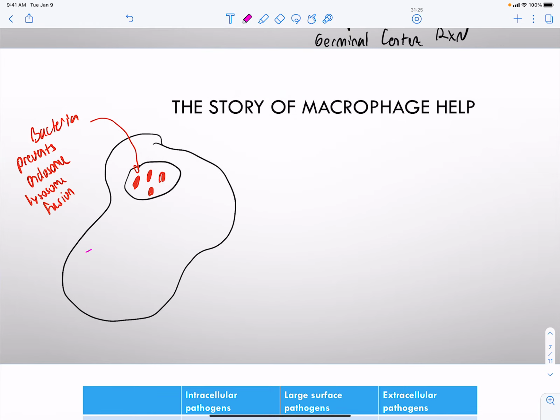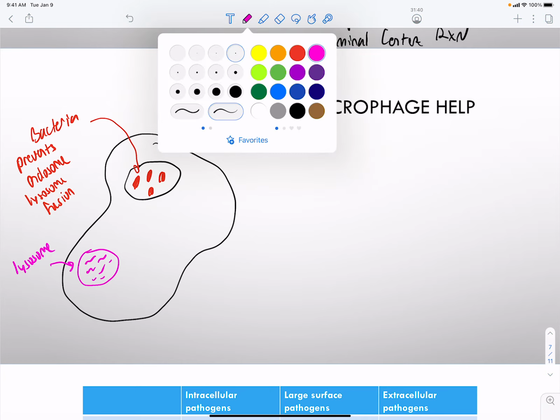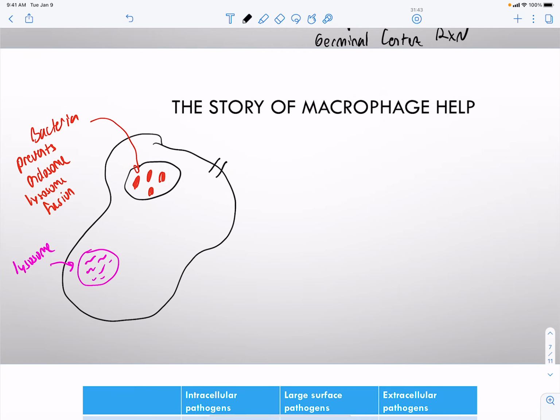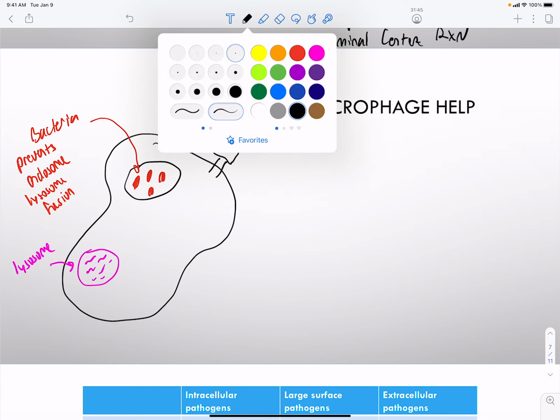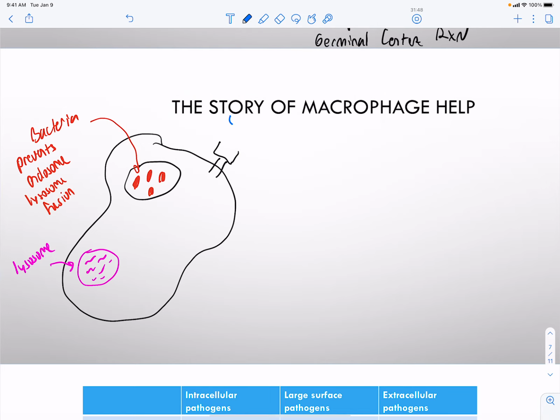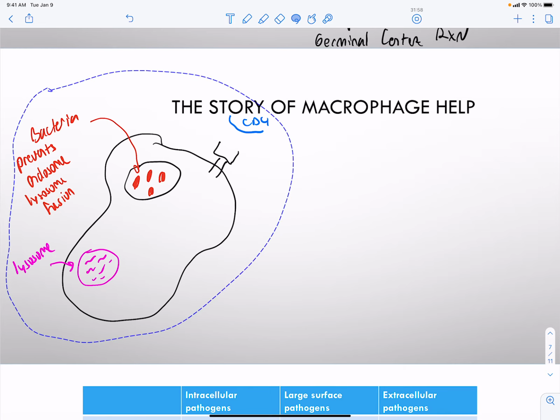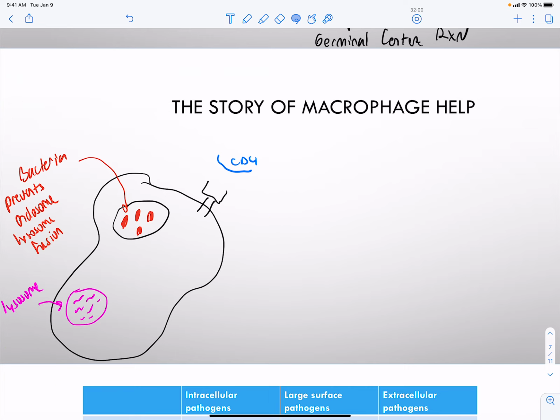Make it pink. Here's its lysosome, and it has all those nice digestive enzymes. But it's not fusing with the phagosome or endosome that contains the bacteria. And so in this case, you have on the surface again MHC class 2. You have interacting with this again your CD4 helper. Let me bring these guys all down. Okay, we have our CD4 helper.